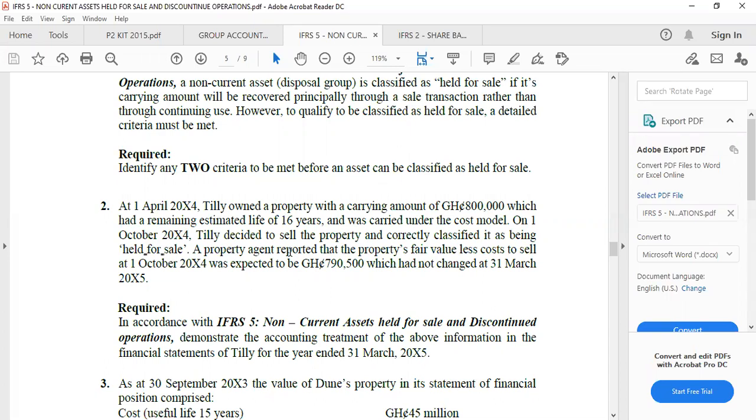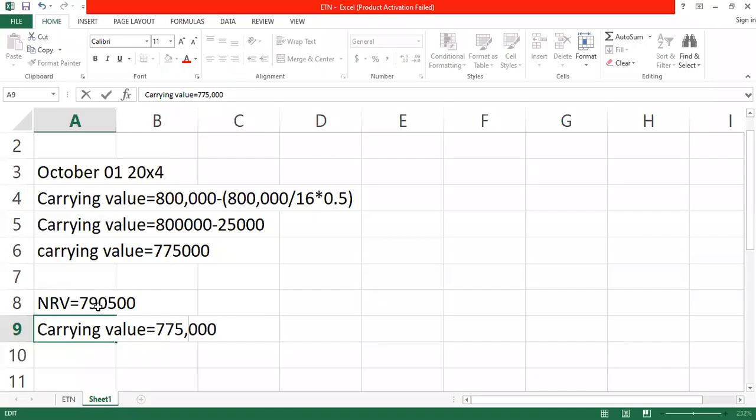So if you revalue before classifying, the net realizable value is the same as the carrying value, because the 790,500 becomes the new carrying value. They are all the same. What if you revalued it and it is lower?